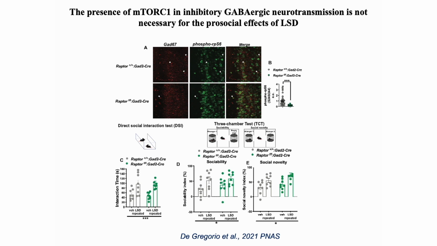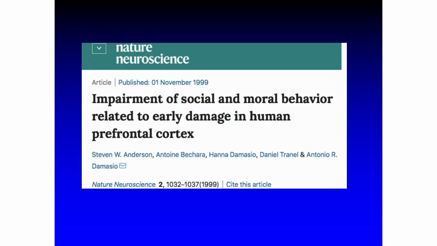So LSD is important for modulation of social behavior through the activation of the mammalian target of rapamycin selectively in the glutamatergic neurons.